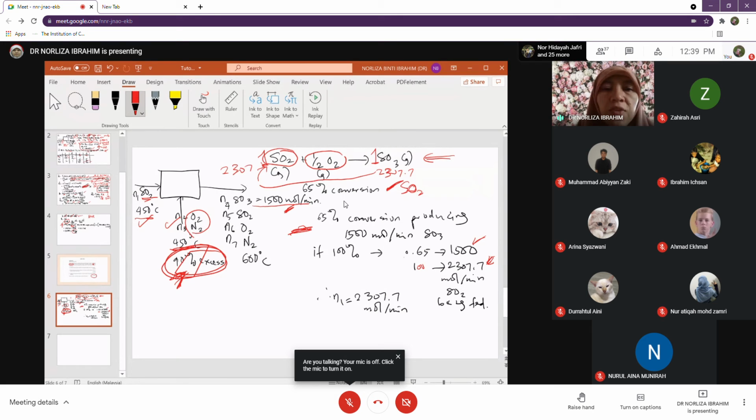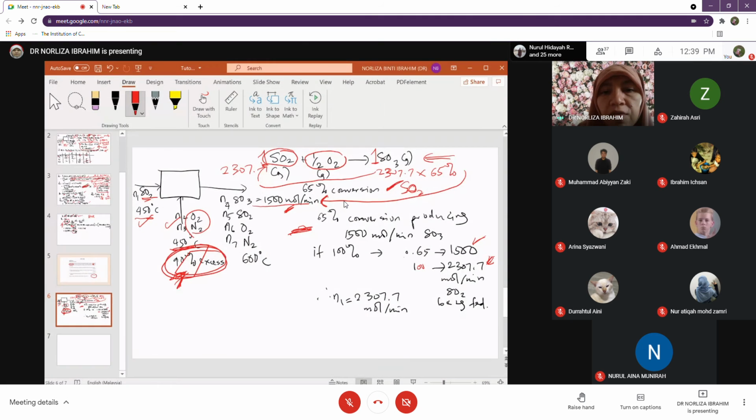You can double check: multiply 2307.7 with 65% conversion and you get back 1,500. So from that, you know 2307.7 mole per minute of SO2 is being fed. So your N1, the SO2, is 2307.7.